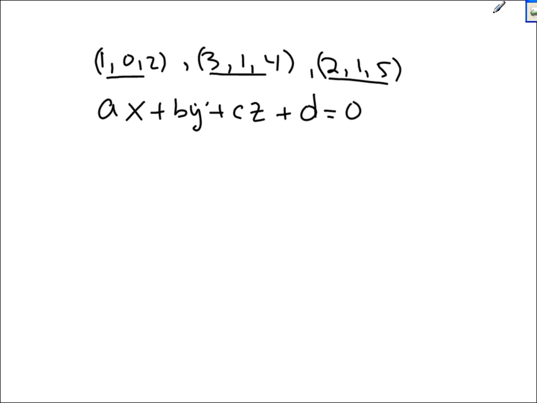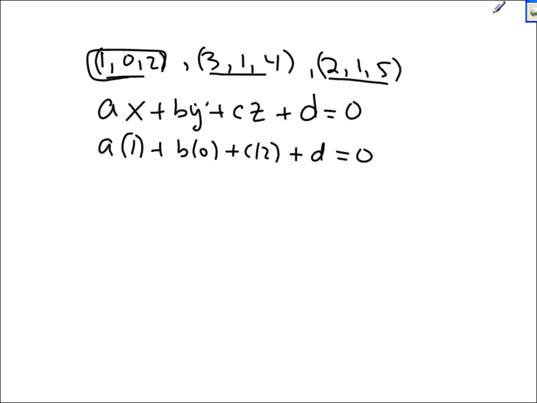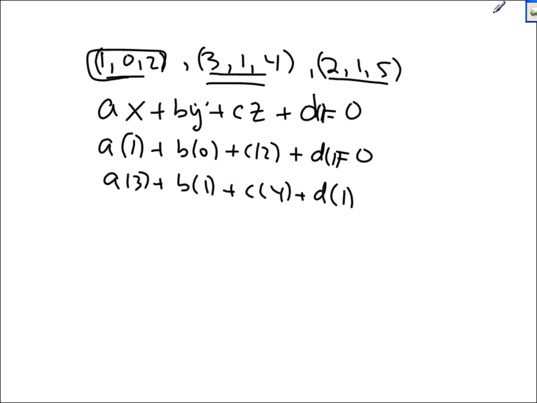So we also know that this point is going to be on it. That is a times 1 plus b times 0 plus c times 2 plus d should be 0. The second point will be on it: a times 3 plus b times 1 plus c times 4 plus d times 1. d is always being multiplied by the number 1.